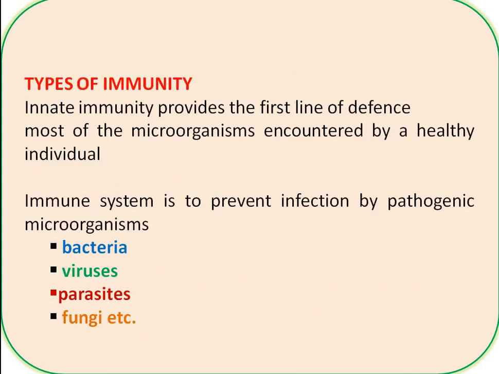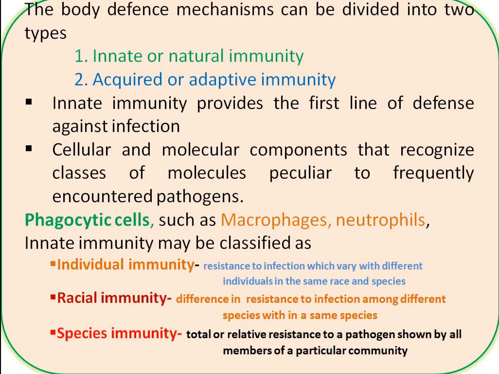Types of immunity. Innate immunity provides the first line of defense against most of the microorganisms encountered by healthy individuals. The immune system's role is to prevent infection by pathogenic microorganisms like bacteria, viruses, parasites, fungi, etc. The body's defense mechanism can be divided into two types: first, innate or natural immunity; second, acquired or adaptive immunity.